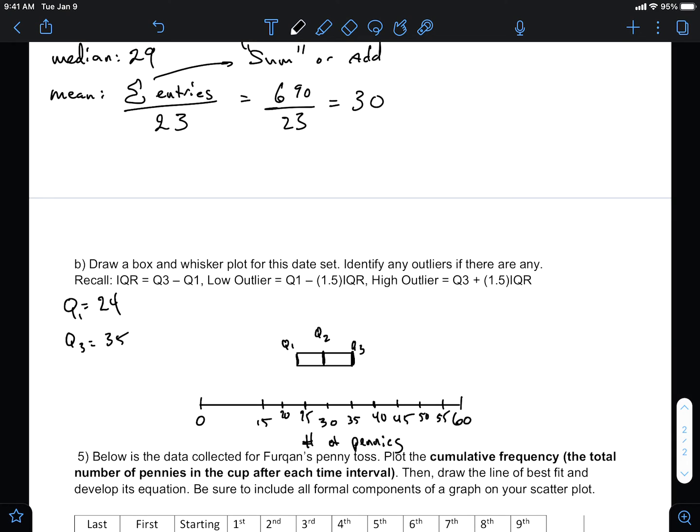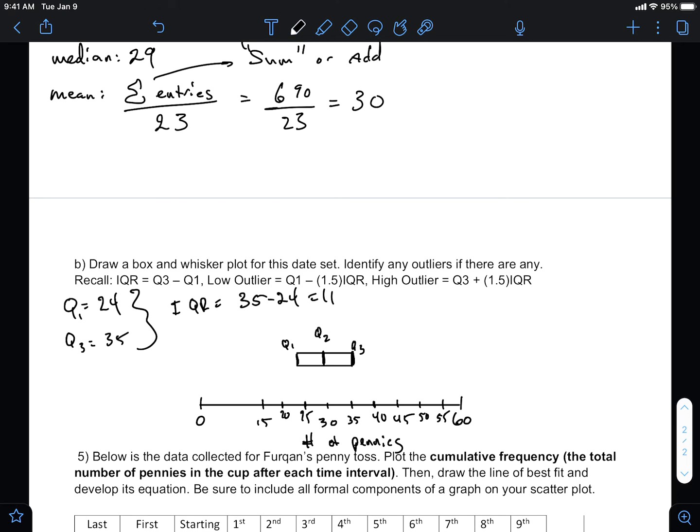Okay. Outliers. Do we have outliers? No. Okay, how do we know? Interquartile range we found. Let's do that. Interquartile range is, where did I do it? 11.